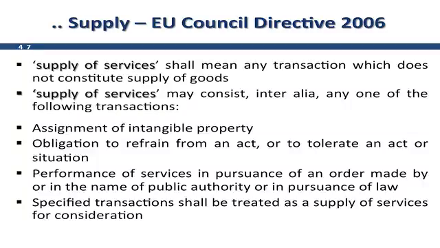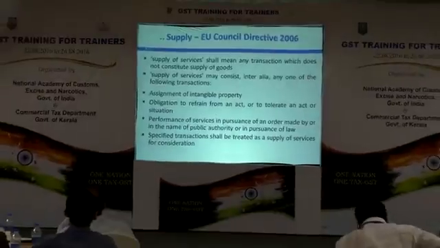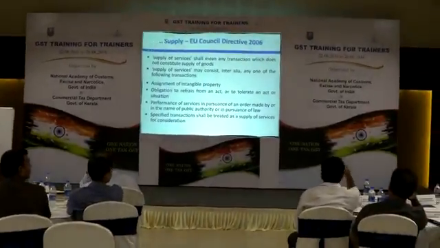If you look at supply of services, which is not what you have known so far, it shall mean any transaction which does not constitute supply of goods. This is what Article 366(12)(a) of the Indian Constitution also defines. Supply of service means anything other than goods, though we don't use the word supply in the Constitution.